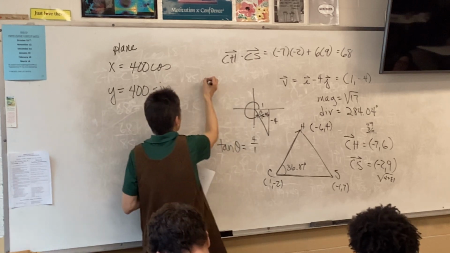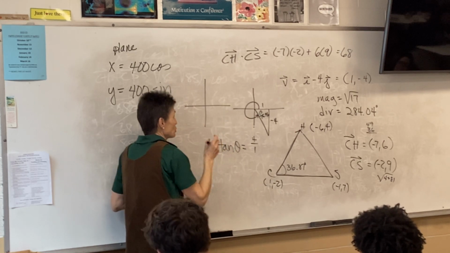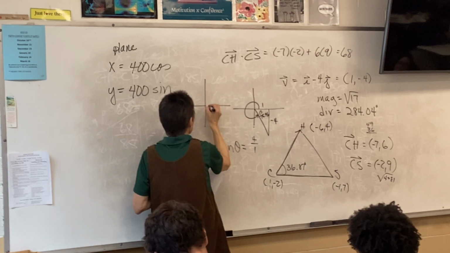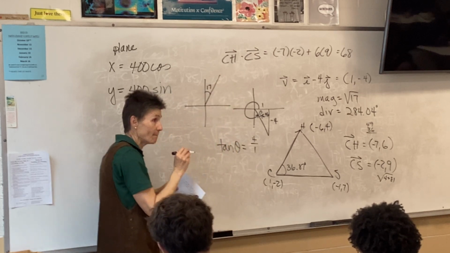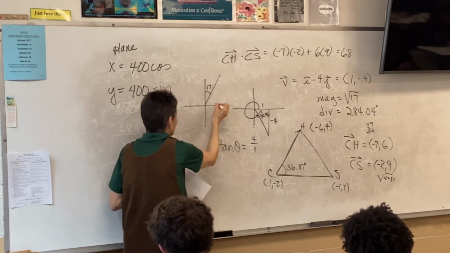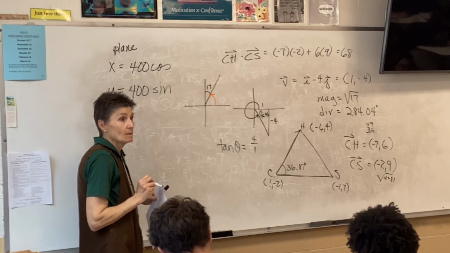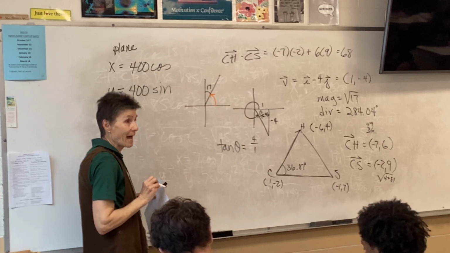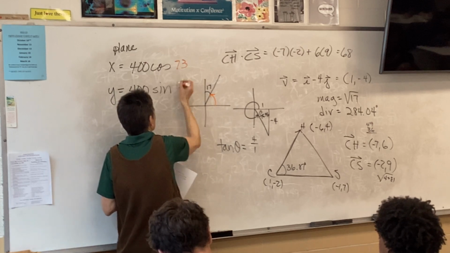What angle does that correspond to in standard position? North 17 degrees east would look like this. Would you agree with that? The standard position angle is this. So what angle is that? That's 73, isn't it?